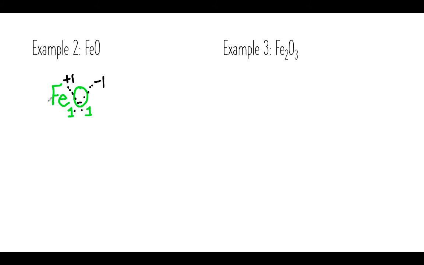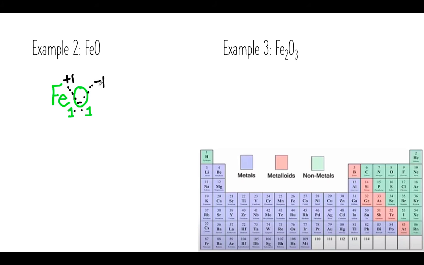Now, this is telling me that iron has a +1 charge and that oxygen has a -1 charge. Based off of what we know on the periodic table, something is wrong here. Take a look at oxygen. It's in group 16. It should have a charge of -2, and in fact, it always does have a charge of -2. So this is not quite making sense.